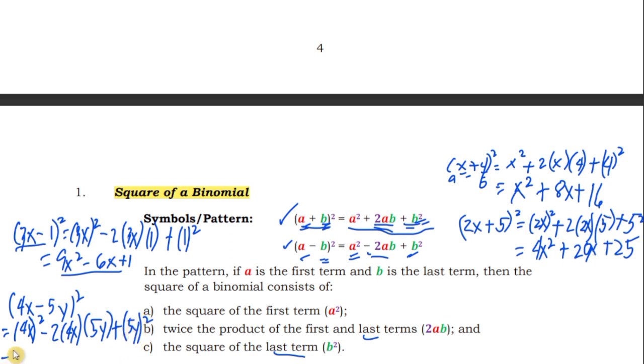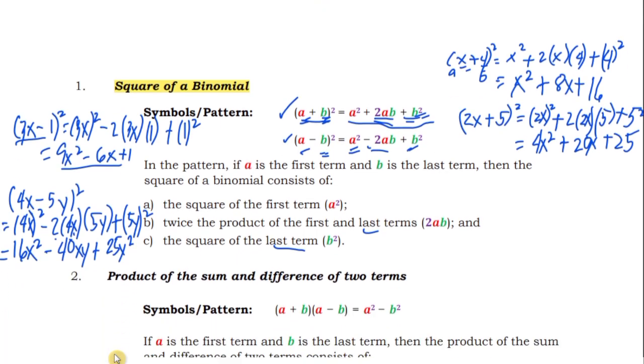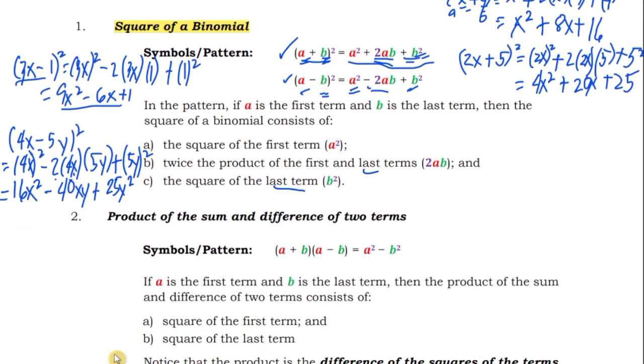So we have 16x squared, because the square of 4x is 4x times 4x, and that is 16x squared. Then 2 times 4x is 8x times 5y, which is 40xy. Then the square of 5y, and that is 25y squared. Okay, that is how we deal with the square of a binomial.